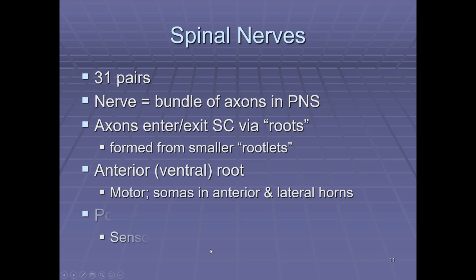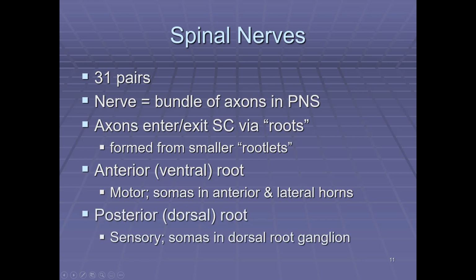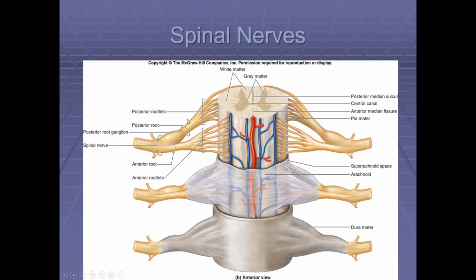And the anterior root versus posterior root, we talked about differences: motor are found in the anterior, sensory are found in the posterior. Here's a picture showing the rootlets and the meninges as we saw earlier. And here's your posterior root ganglion, posterior root, anterior root, rootlets. There it is.